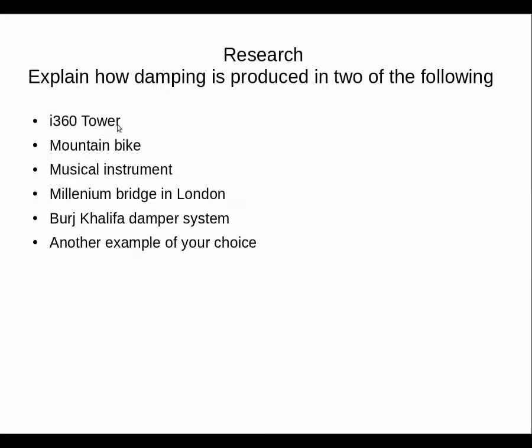The i360 tower in Brighton is capable of oscillating up to 1 meter at the top. It's safe to do so, although it wouldn't be very comfortable if that was going on. But it incorporates some internal features designed to remove energy from the tower if it were to oscillate. So can you find out some information to explain what the i360 tower does in order to remove that energy?